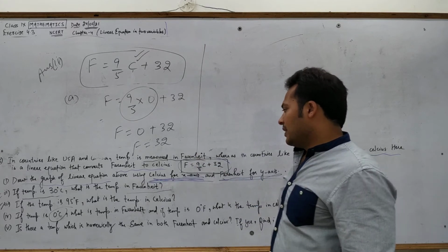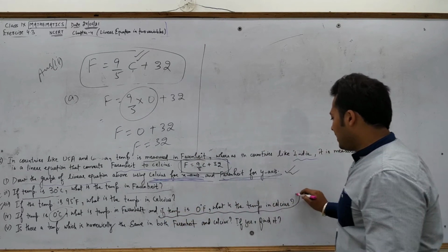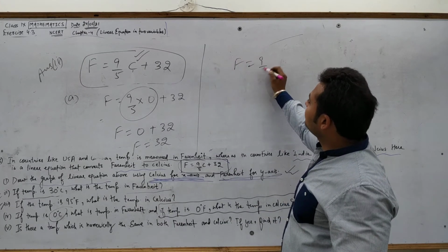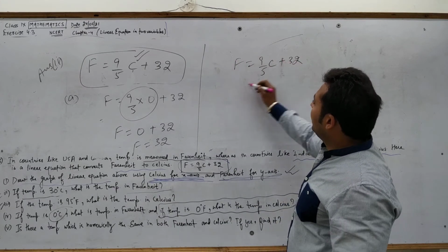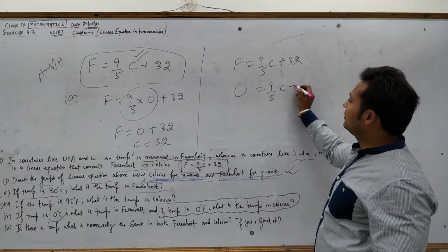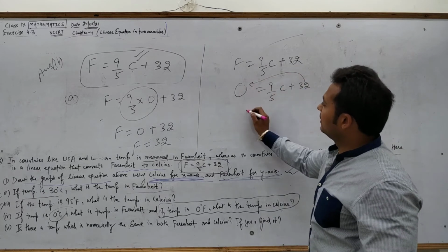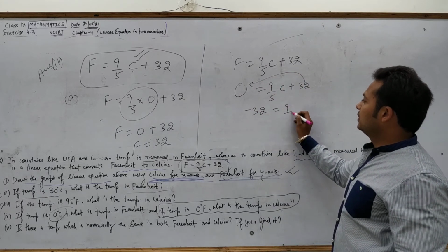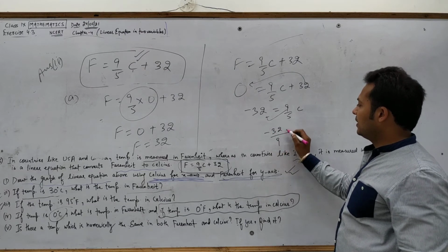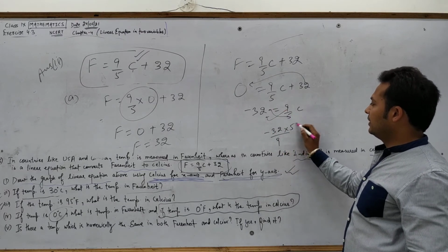And if the temperature in Fahrenheit is 0, then the value of Celsius will be found like this: minus 32 equals 9 by 5 C. Take this 9 to the left hand side and this 5 to the left hand side.